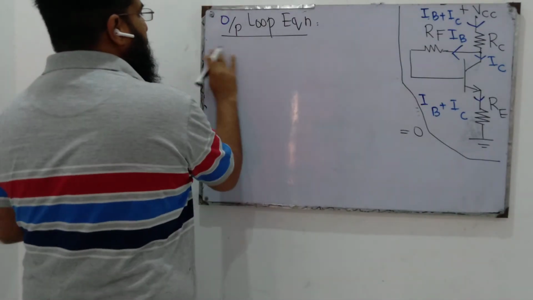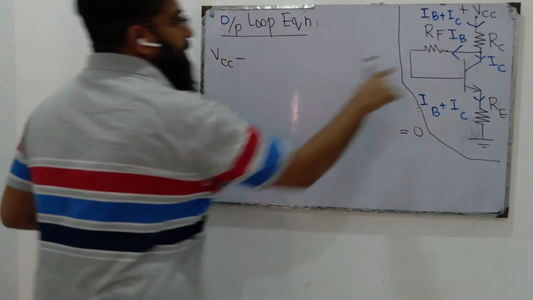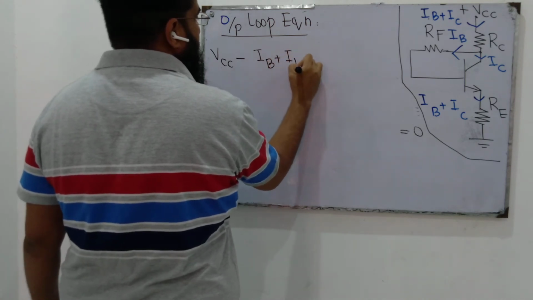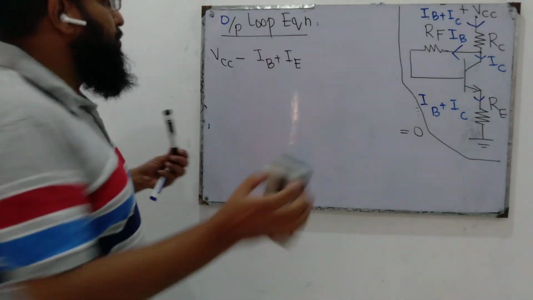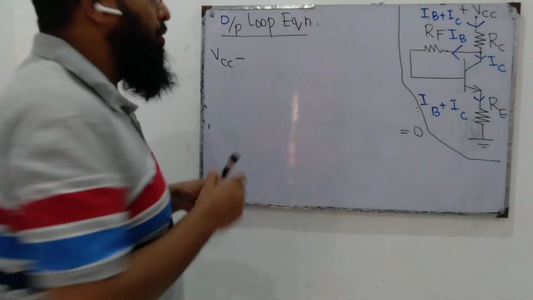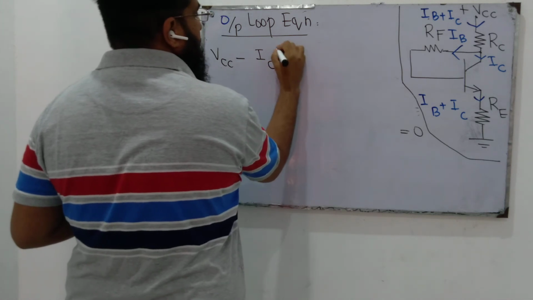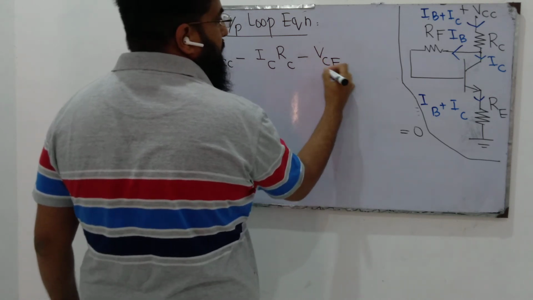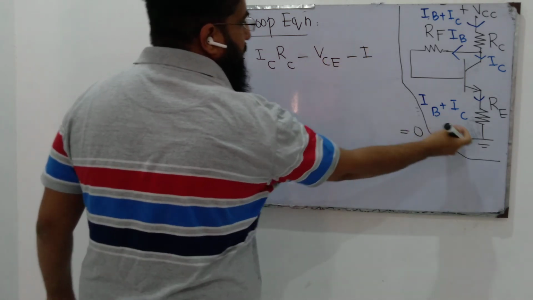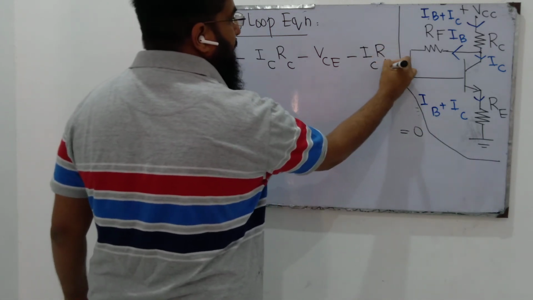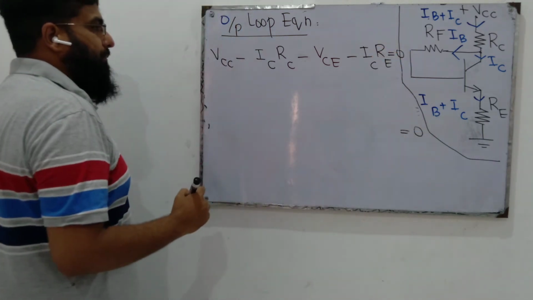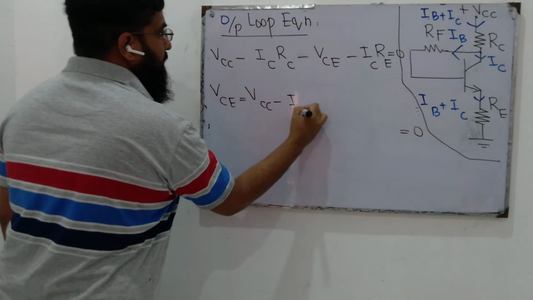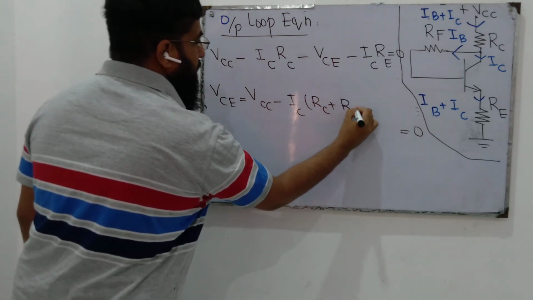So now we can write the equation: VCC minus the current flowing through RC, which is IB plus IC and which we have already assumed to be approximately equal to beta IB or IC, times RC, minus VCE minus IB plus IC, which can be approximated as IC, times RE, is equal to 0. So now VCE can be written as VCC minus IC times RC plus RE.